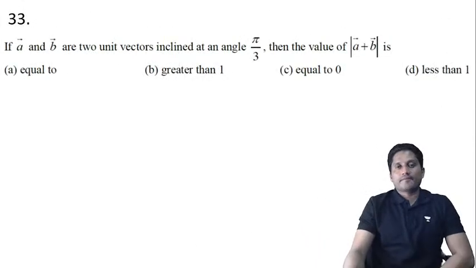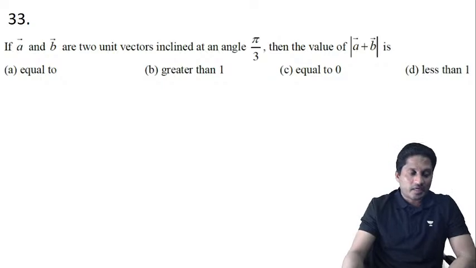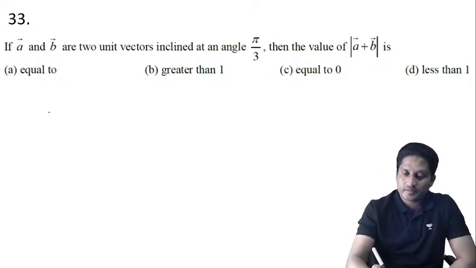Question number 33. If A and B are two unit vectors inclined at an angle pi by 3, what's the value of mod of A plus B?